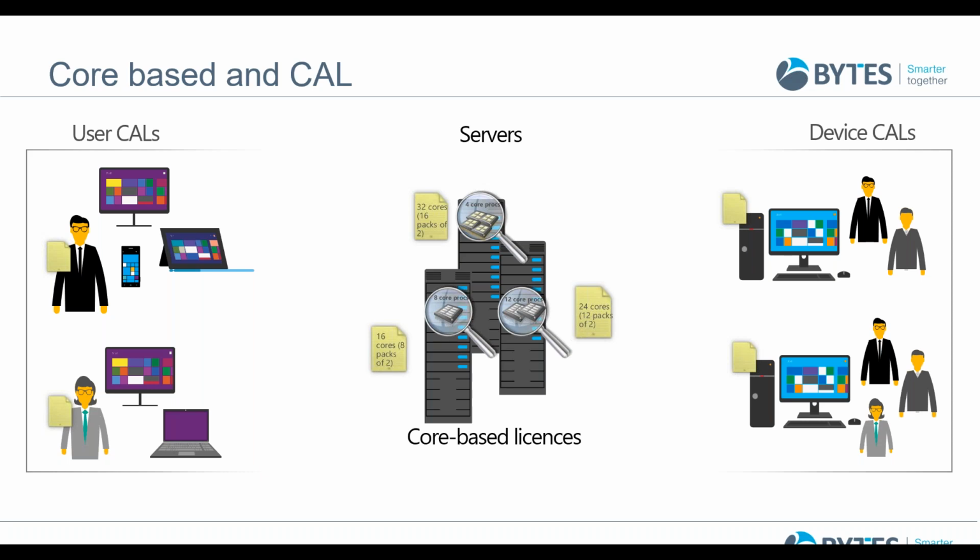Similarly to the bottom left in this scenario as well. If we shift over to the right-hand side, this is where device CALs become more commercially viable, when you might have a shared device where multiple users access that device at any one time, or over maybe a shift period. So, for example, maybe a call center.